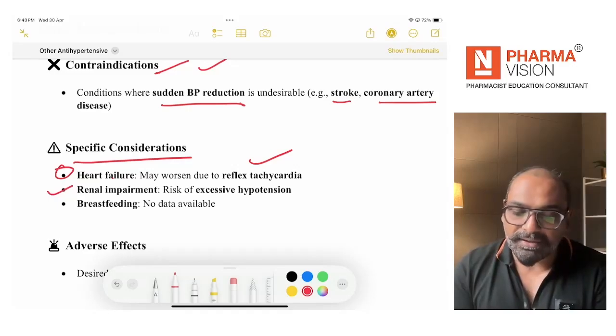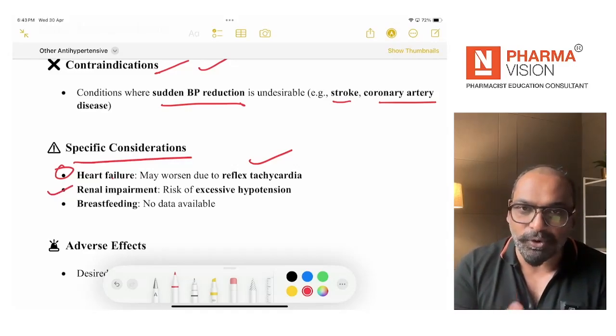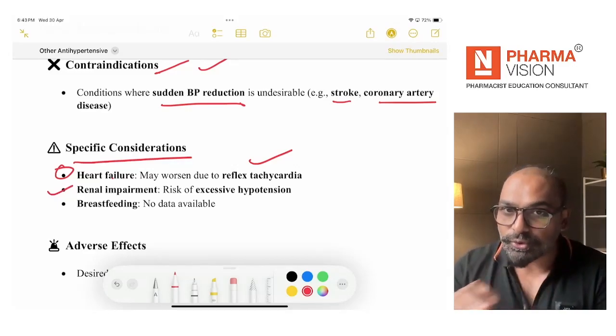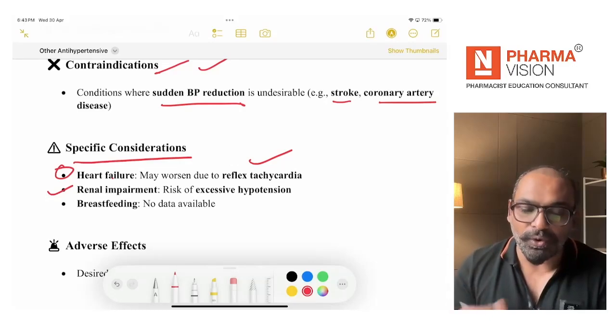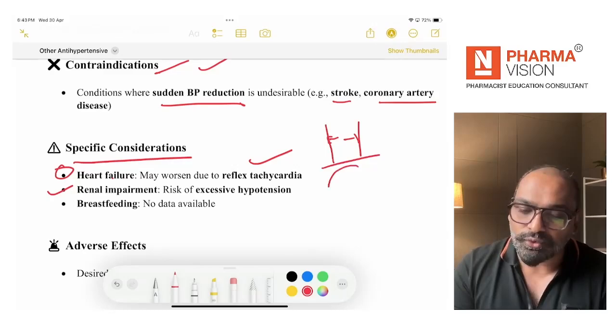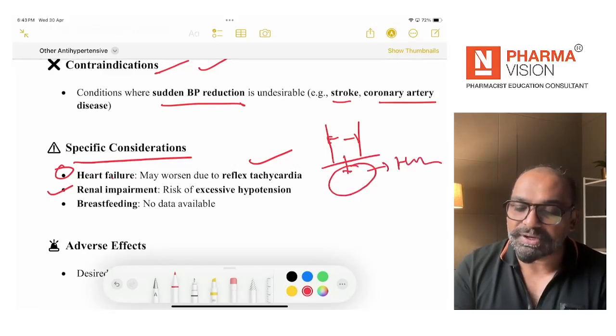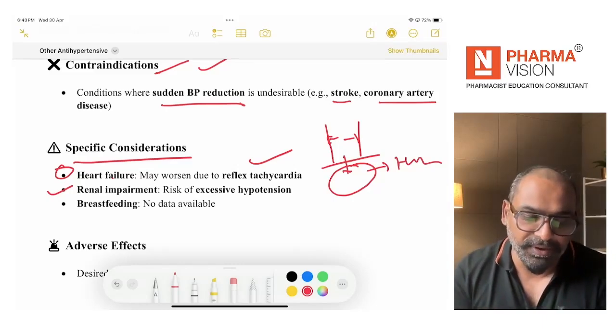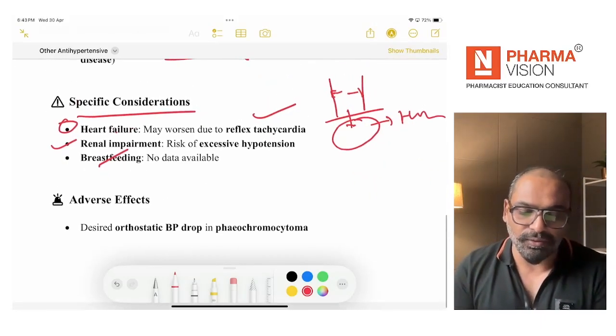Renal impairment: excessive hypotension also reduces renal blood flow, and that can impair renal function. Because vasodilation holds more fluid in the peripheral system, a renal hypovolemic situation is created, and that can cause renal impairment. Breastfeeding, it's okay.